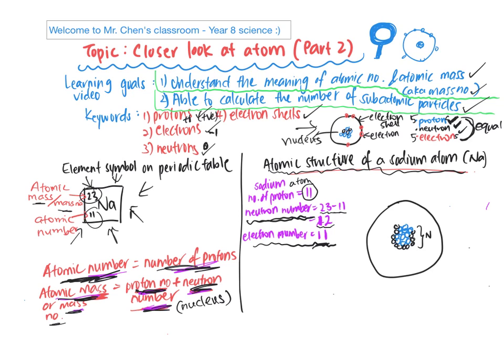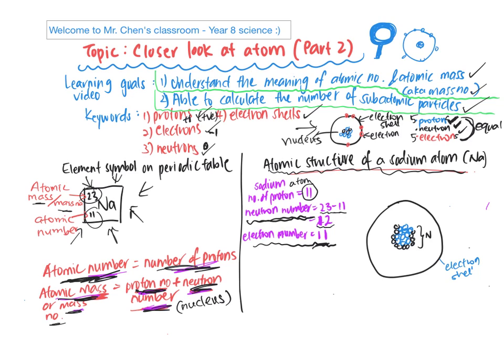And the number of neutrons, there are 12 of them. I drew that as well. Okay, so if you count, it will all add up to 23. So once you finish with that, on the outside, in the electron shell, you need to put in 11 electrons.